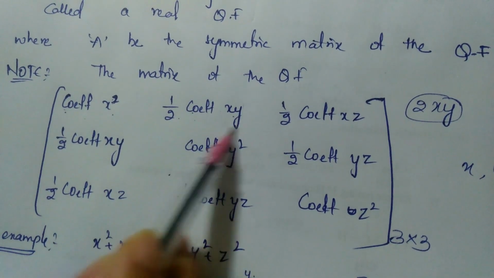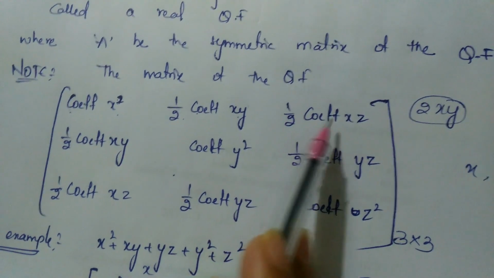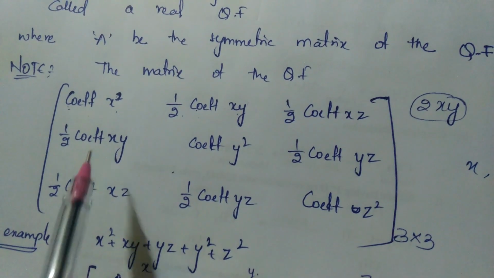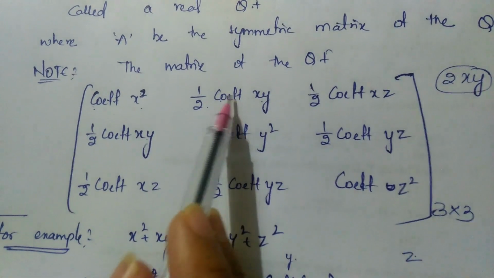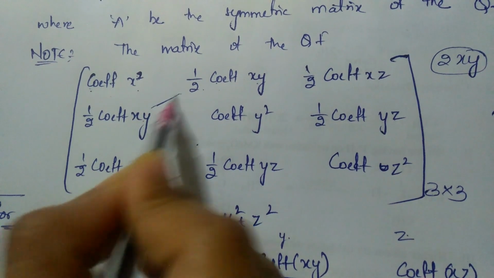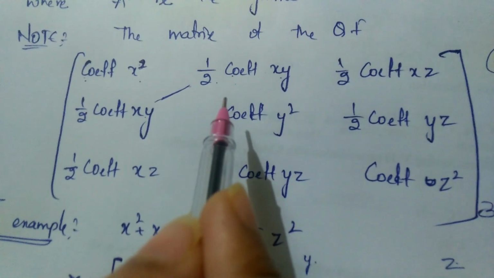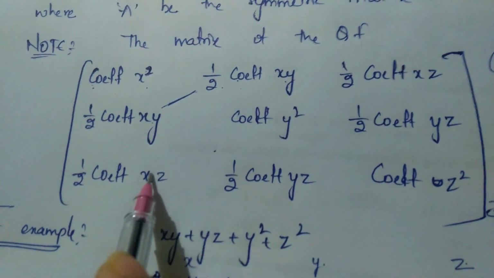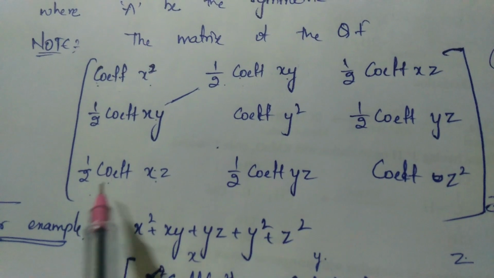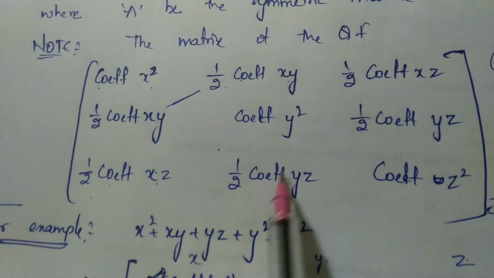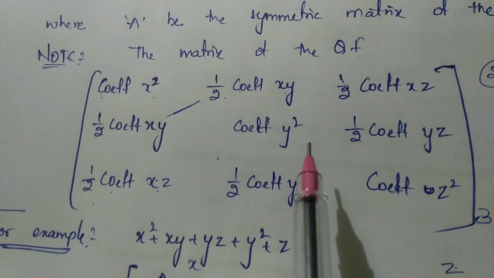Here we write half of the coefficient of xy, and the next element is half of the coefficient of xz, and similarly here half of the coefficient of xy. So you can see these two elements will be the same. When we divide by 2, it splits equally into halves. Here you can see coefficient of xz by 2, and these two elements will be the same. So that's why A is the symmetric matrix of the quadratic form.